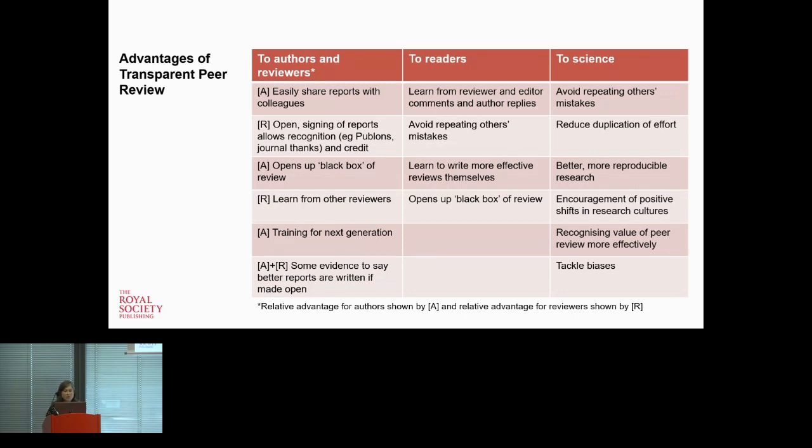A lot of these are quite interlinked, but briefly, readers can learn from other reviewers by seeing published reviews. This could be particularly helpful for early career researchers as they're learning to write reviews. And it's hoped that it could encourage really well-written reviews if the referees know that their comments will be made public.